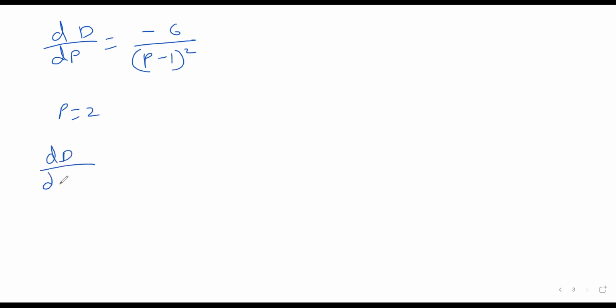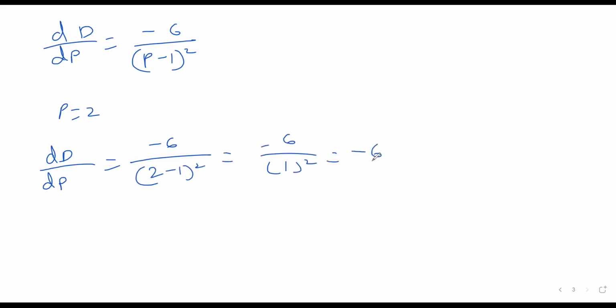You will get dD/dP is minus 6 upon P minus 1 bracket square. At P is equal to 2, dD/dP is minus 6 upon 2 minus 1 bracket square. That is minus 6 upon 1 square. Answer is minus 6.